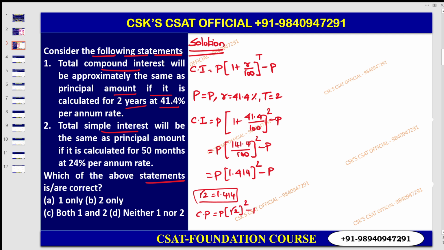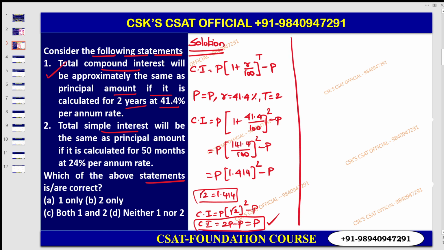So root 2 and the square get cancelled, and it becomes 2. 2 into P becomes 2P. 2P minus P becomes P. Yes, this is the compound interest, isn't it? This question is based on compound interest. Your compound interest is nothing but the principal itself, P. I am taking the principal as P, and we are getting the compound interest as P itself. Therefore the first statement is correct.